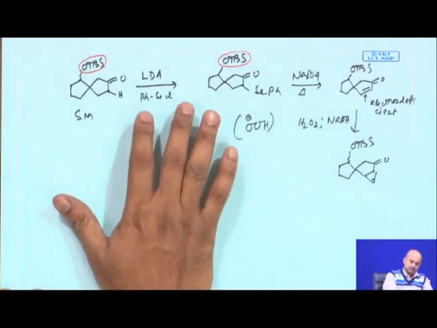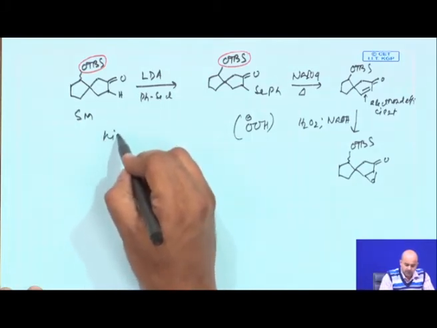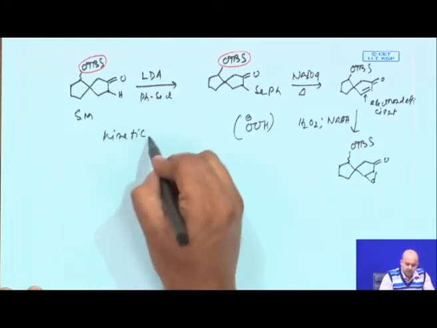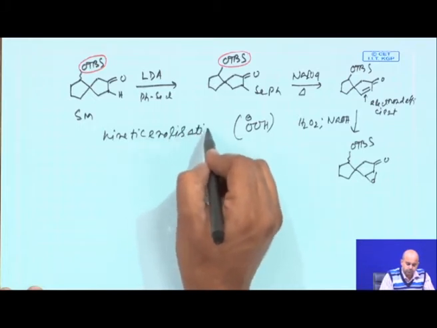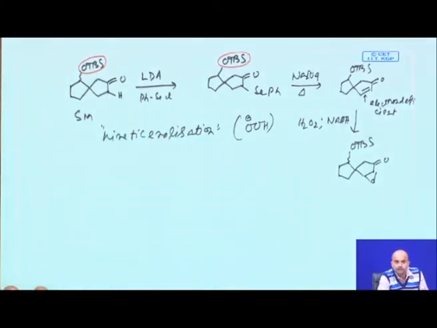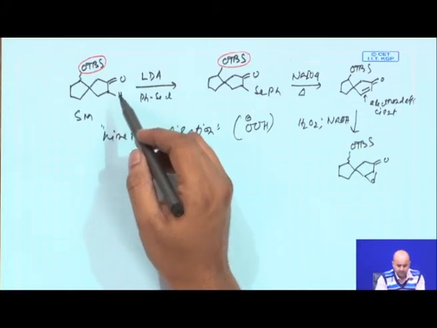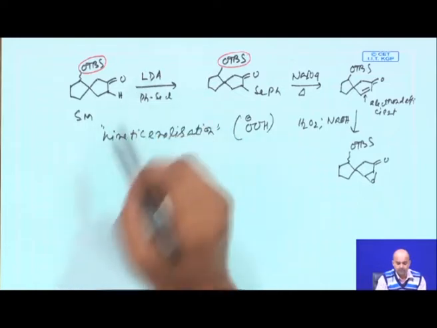The initial step is a kinetic enolization, because the steric bulk of this OTBS group will make it possible that the sterically less crowded, less congested hydrogen will be abstracted by the base.